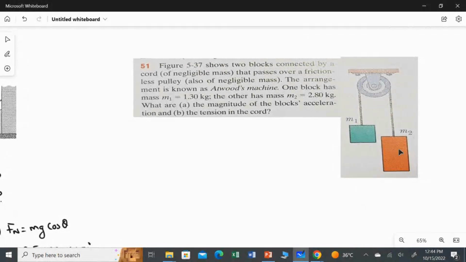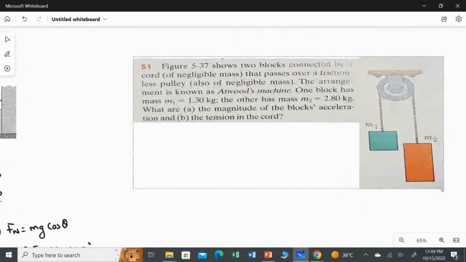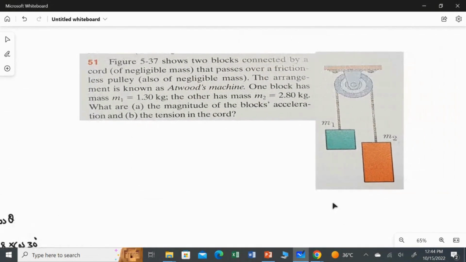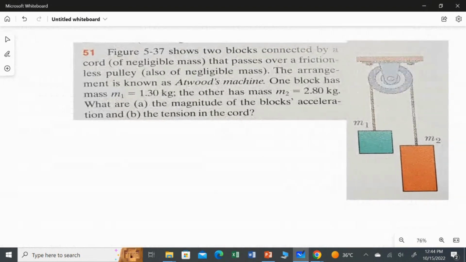So now we have to go for the third question. Better I will enlarge this. Read the questions very carefully, and we have to deal with the free body diagram also. So I will draw the diagram here.